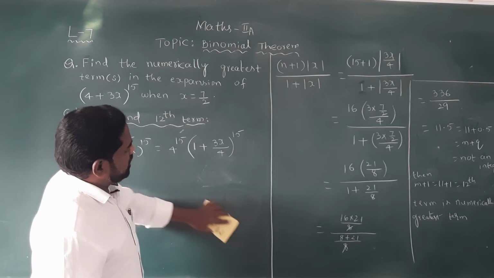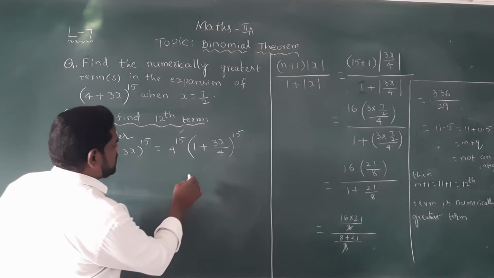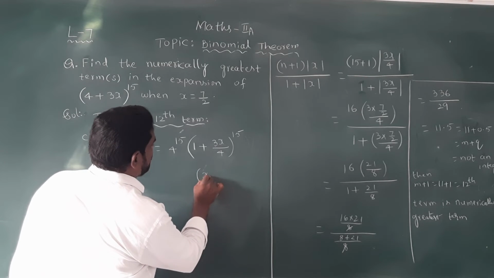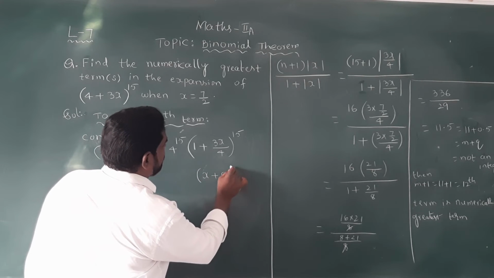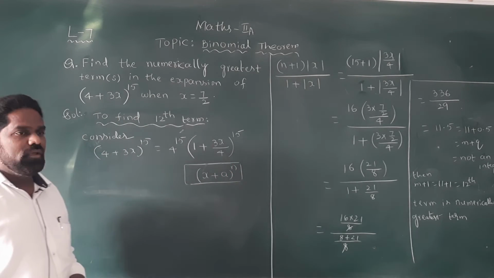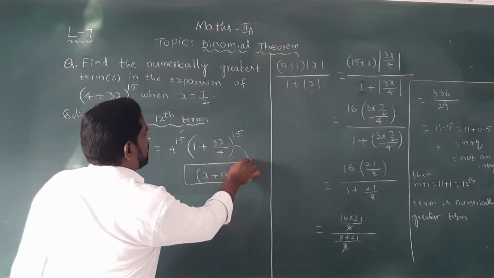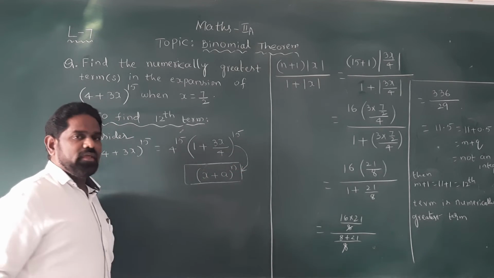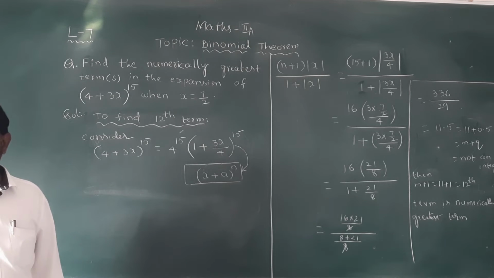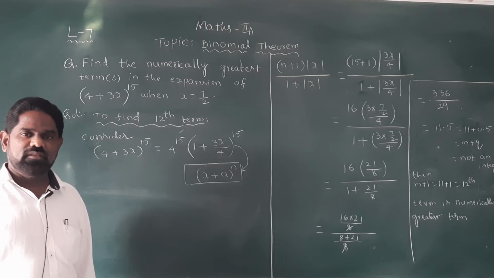To find whatever it may be, either the 12th term or 13th term, this is compared with (x + a) whole power n. Understand?